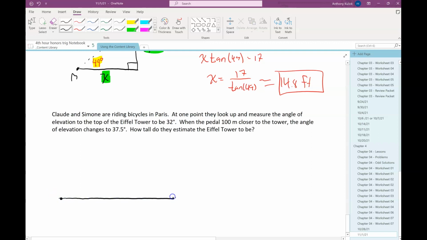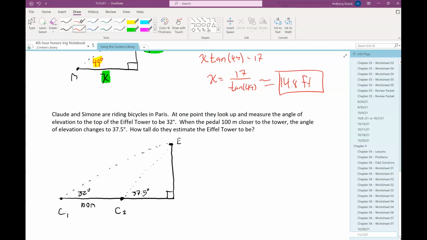Okay. So that's our picture, right? Everybody agree with that?